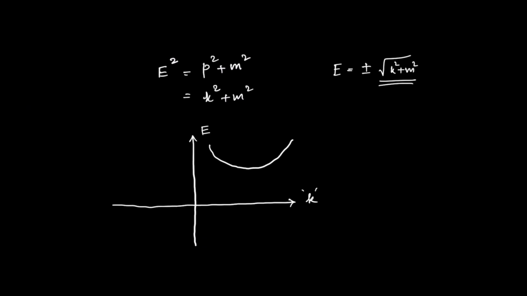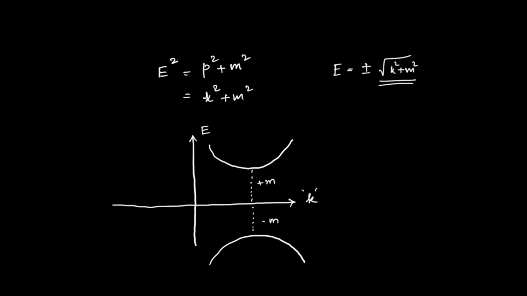It's a hyperbola, and I have one here also. The distance of this hyperbola from the k axis will depend upon the mass. Here it will be plus m and here it will be minus m. So the distance of the hyperbola from the k axis will depend on the mass, and the radius of curvature will also depend on the mass.